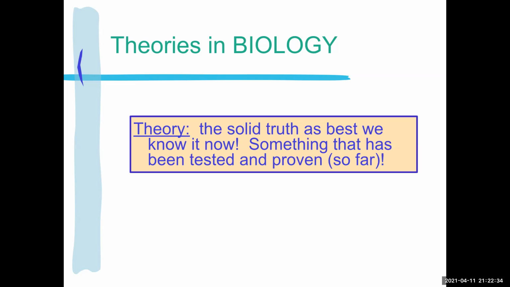And in biology, by theory, we mean we know it rock solid as life ever gets, as humans ever figure anything out. So there's always, I like to say, there's always an asterisk in science. Like, we can test and prove everything, as much as we can. And there's always a tiny bit of doubt, but sometimes the doubt is so tiny, really, really, this is true as humans ever figure anything out.